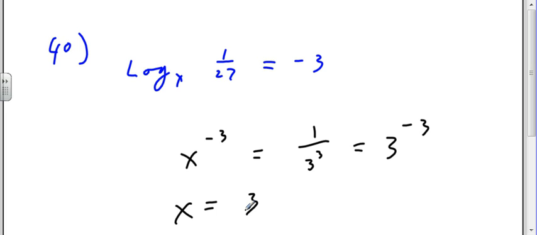Okay, so looking at it in logarithmic form, it's not so intuitive that x is 3, but as soon as I put it into the form of an exponential function, it becomes very obvious that x is going to be 3.